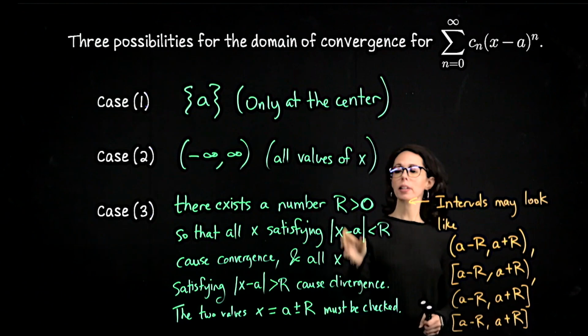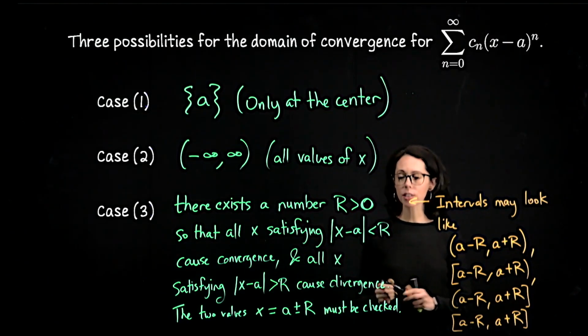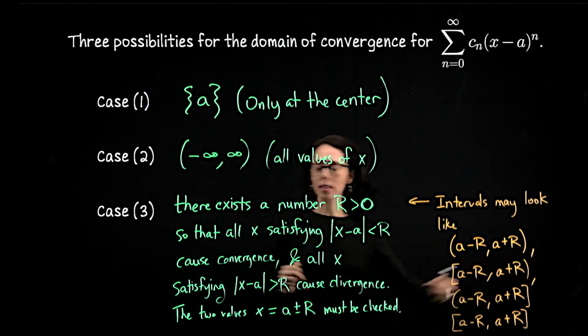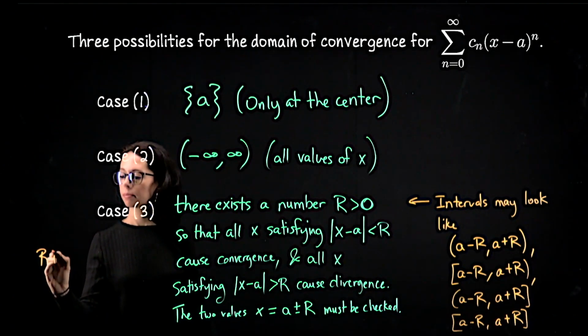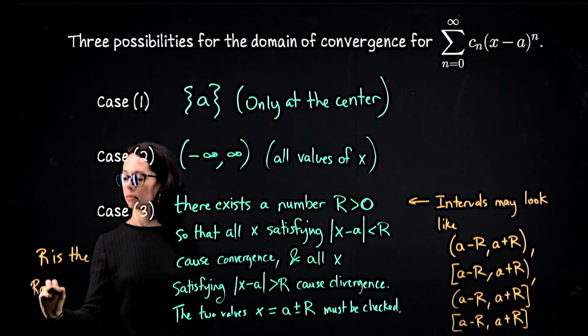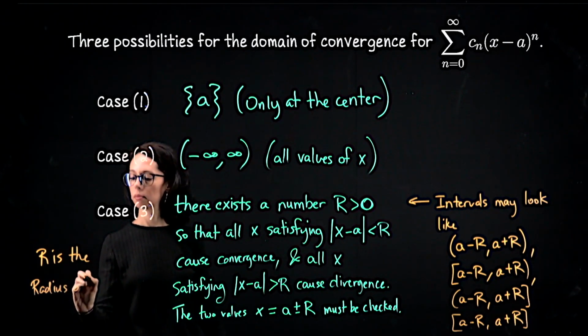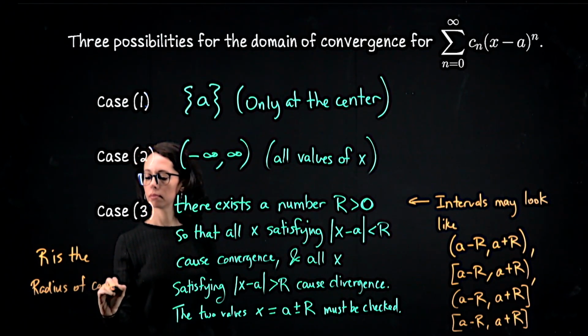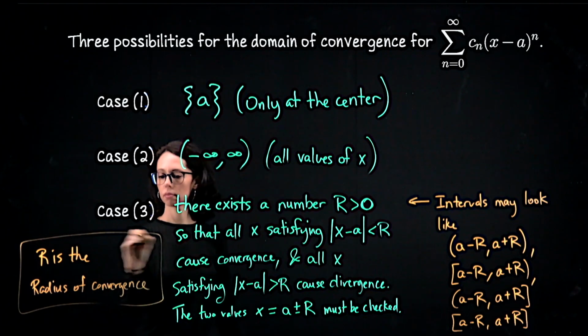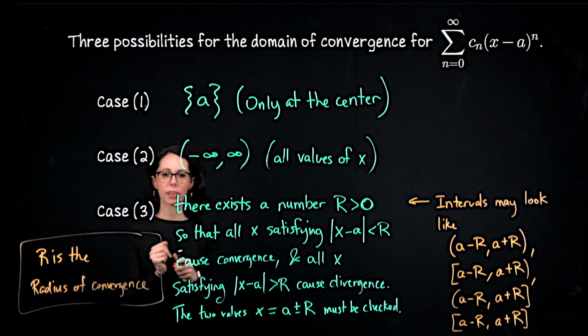Let's make a few more remarks about this number r. R is called the radius of convergence. You can think of it like the radius around the center A. So we call this the radius of convergence.